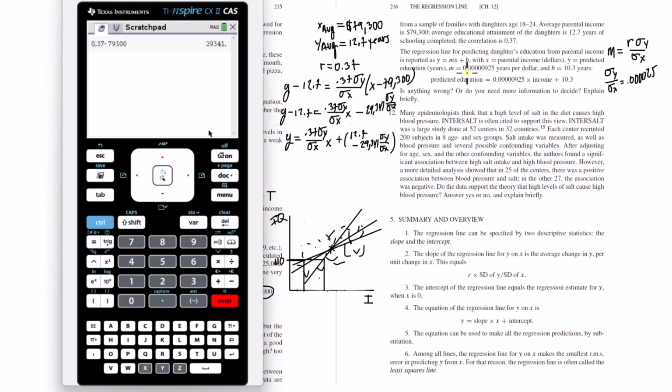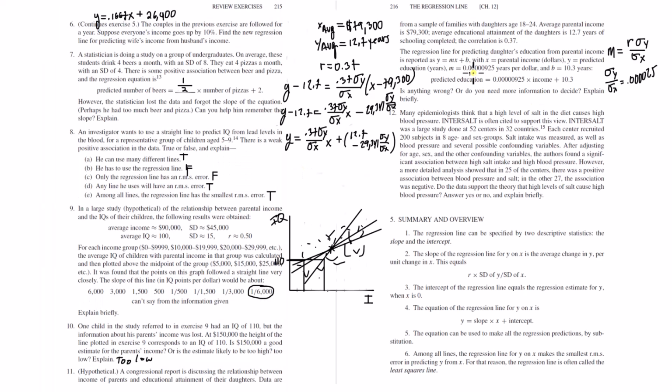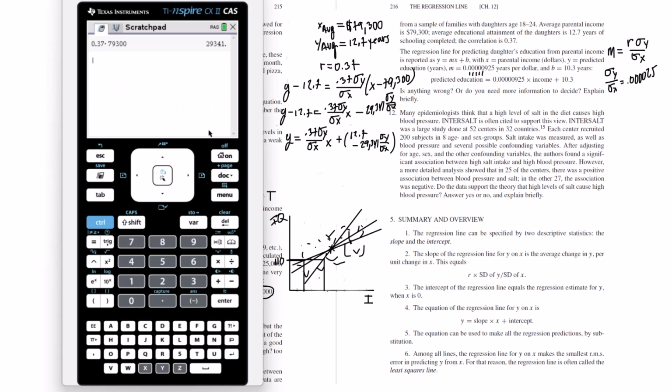So did I count this right? 1, 2, 3, 4, 5 zeros. That divided by the r. There's sigma y over sigma x. So if we multiply that by 0.37, we're going to get the slope.